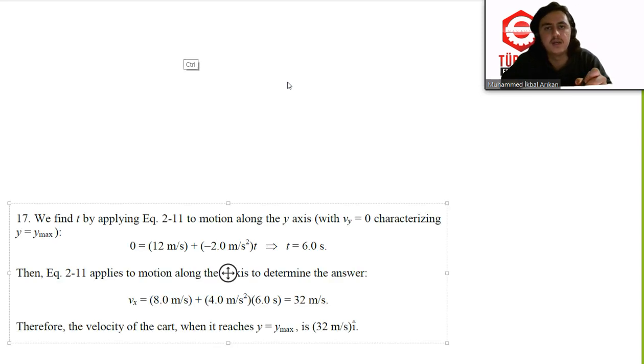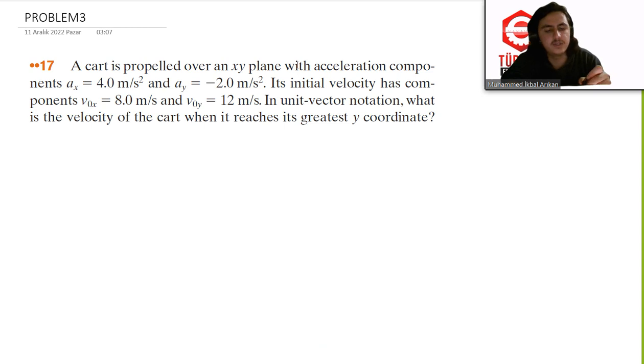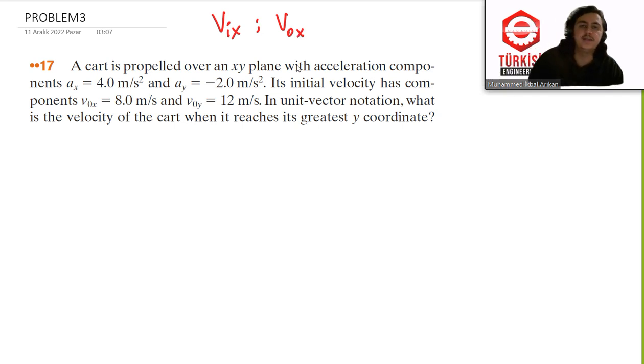These are the same values, just with different symbols and representations. You can denote initial by i, or you can use the other symbol, which is 0, v sub 0x. So our initial velocity components are 8 meters per second in x and 12 meters per second in y.